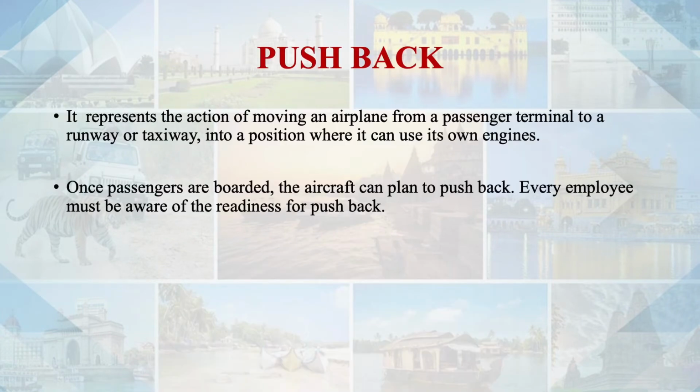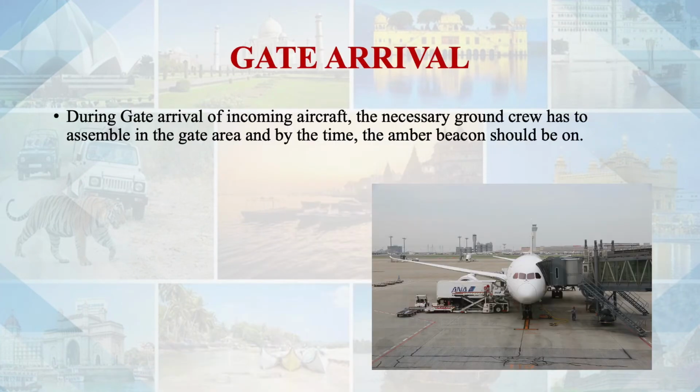After landing, the gate arrival is an important area. During gate arrival of an incoming aircraft, the necessary ground crew has to assemble in the gate area, and by that time the amber beacon should be on, so that other vehicles and others won't reach that area. The essential ground crew consists of the marshaller, and vehicles around that area should be alerted to ensure that none is on the way.